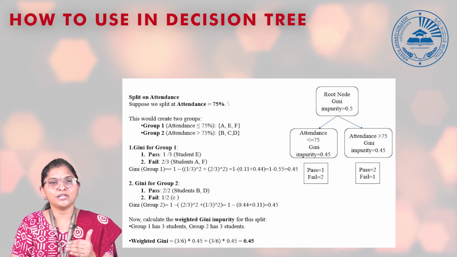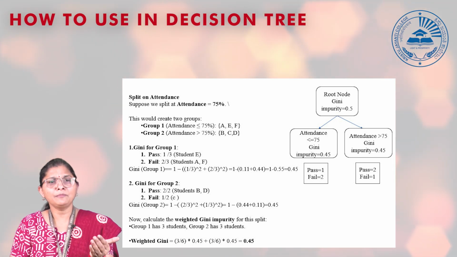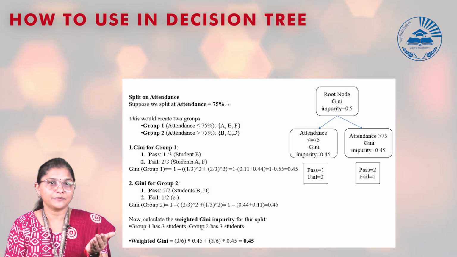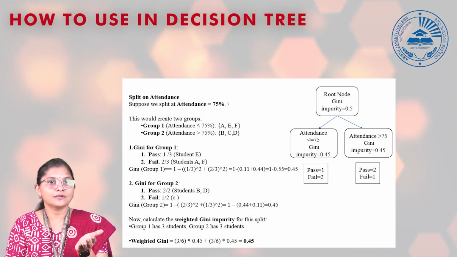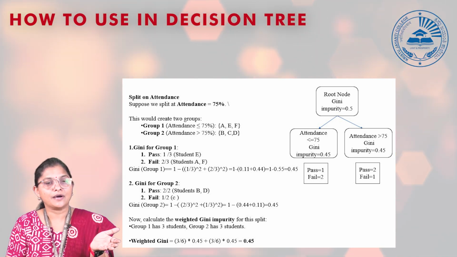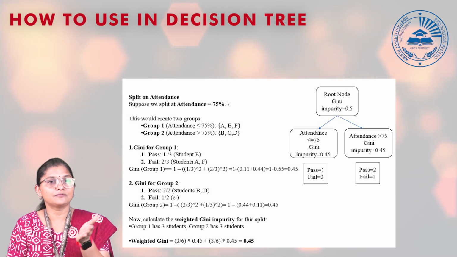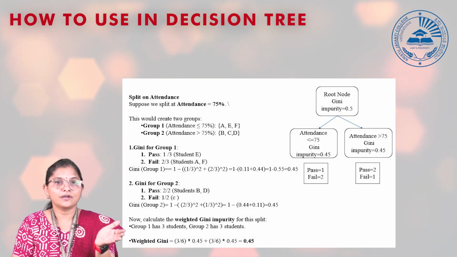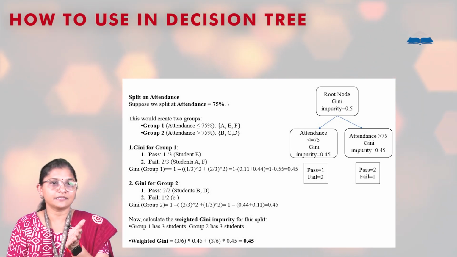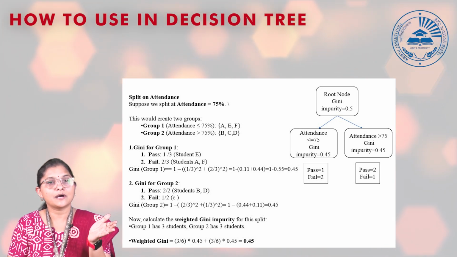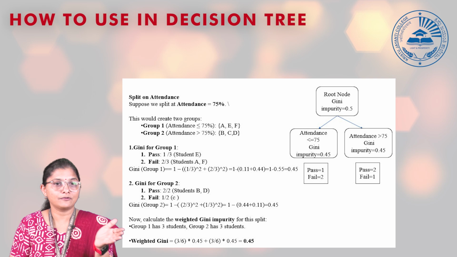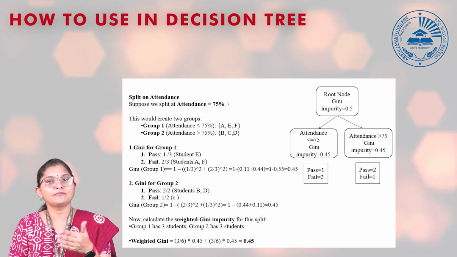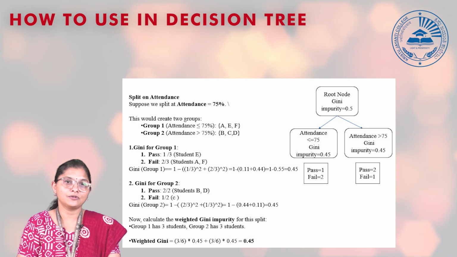The Gini impurity for the first group, attendance less than or equal to 75%, is 0.45, because 1 instance falls into the pass group and 2 instances fall into the fail group. For group 2, attendance greater than 75%, the pass group has 2 samples and the fail group has 1 sample. So the Gini impurity for both groups is the same, 0.45.